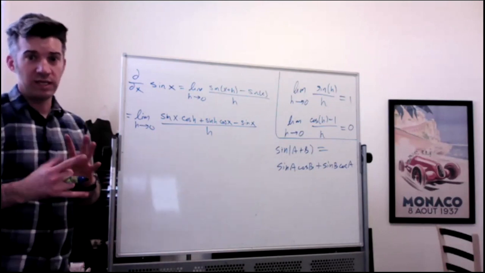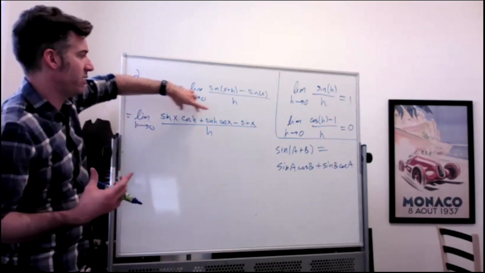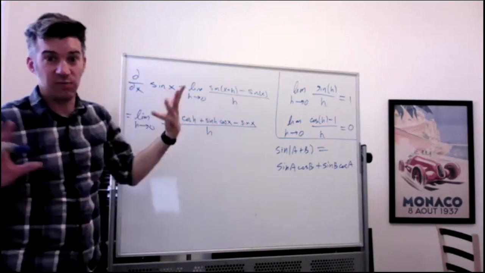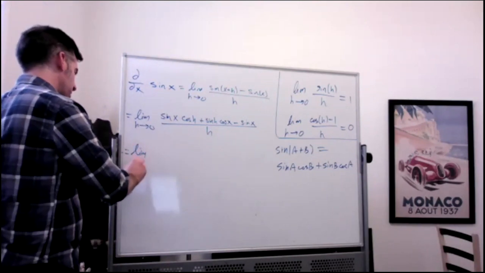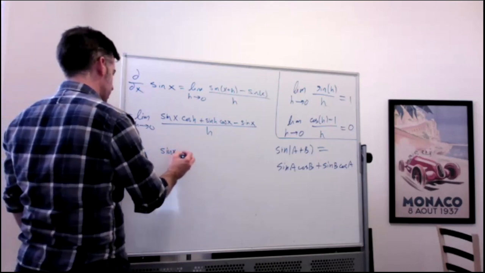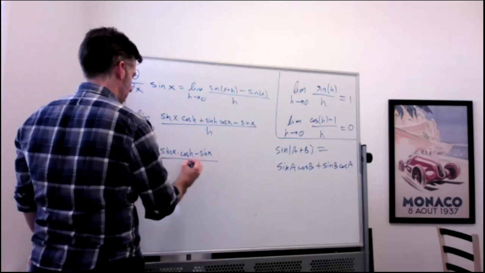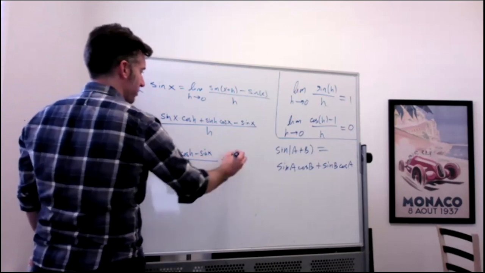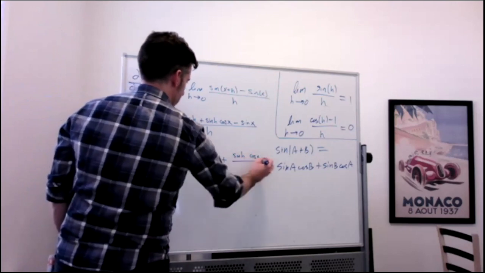We're going to put the two pieces together that have something in common. Sine of x times cosine of h and sine of x both have a sine of x. So I'm going to rewrite this as the limit as h goes to 0 of sine of x times cosine of h minus sine of x all over h plus sine of h times cosine of x all over h.